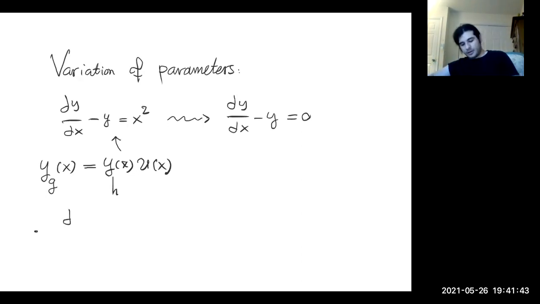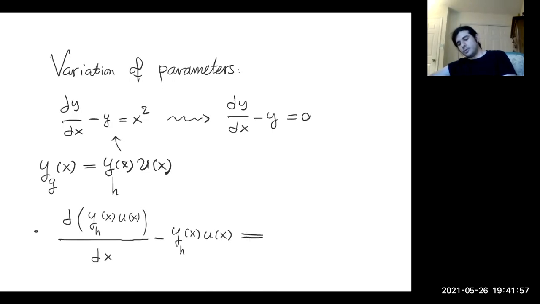So the derivative of this thing we have here, y_h of x times u of x, with respect to x, minus y_h of x u of x. We hope it would be equal to, sorry, it wasn't x squared, it was x to the 5, right? We hope this would be equal to x to the 5. Okay.